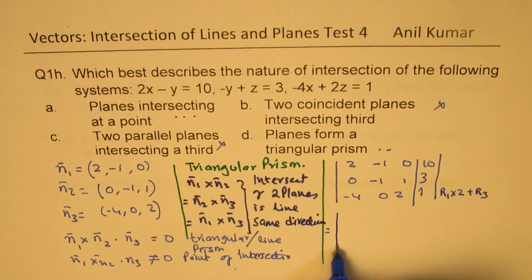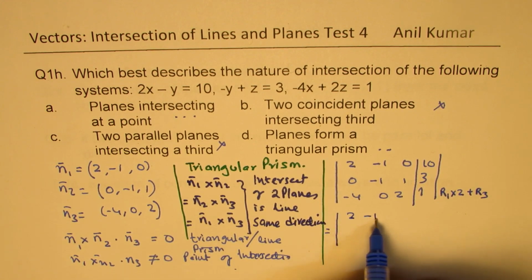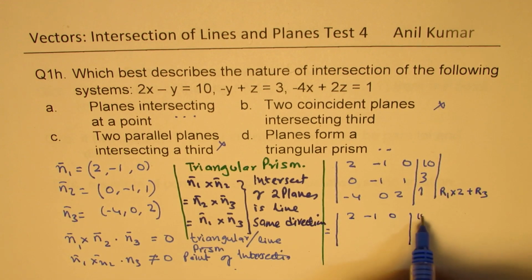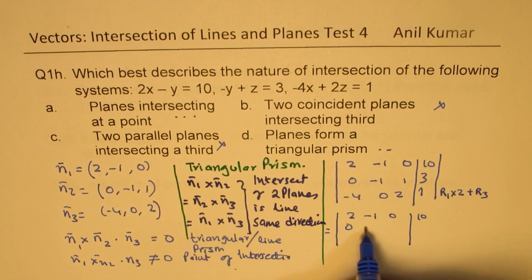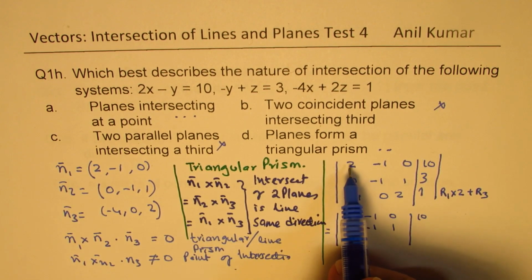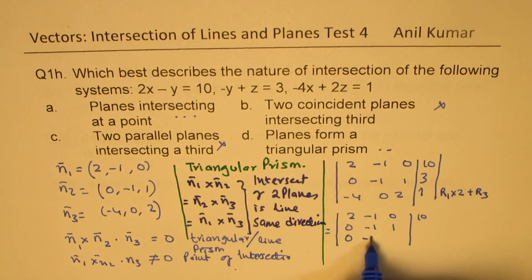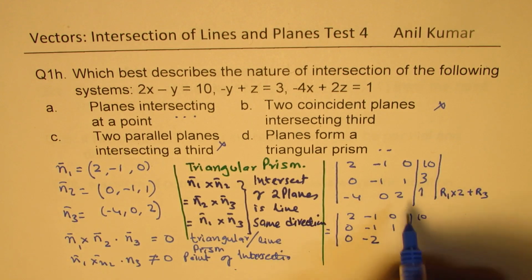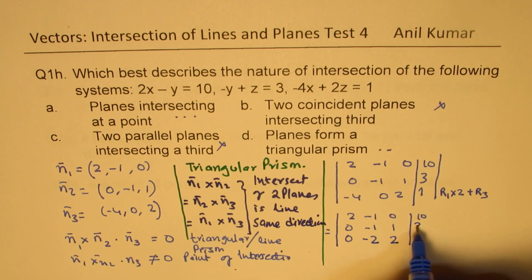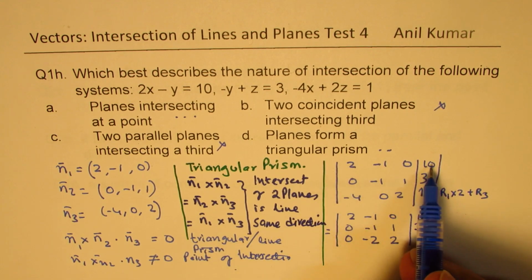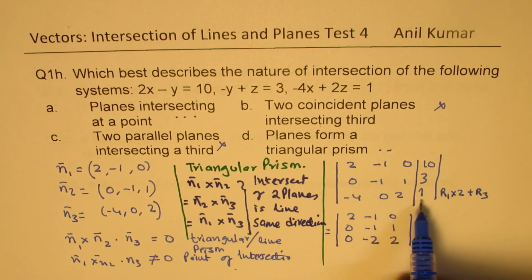Once we do that, we get 2, minus 1, 0, and this is 10. We already have a 0 here, so no need to worry. Multiplying by 2 gives us 0 here. 2 is minus 2, so we get a minus 2 here, and that remains at 0. This is 3. Multiplying this by 2 and then adding will give us 21 here.